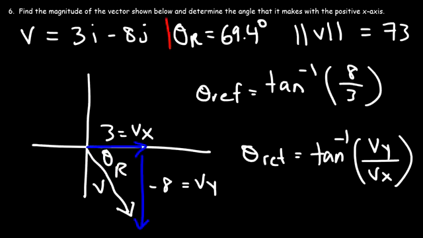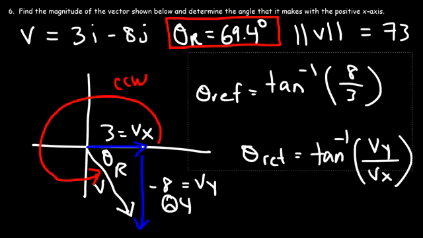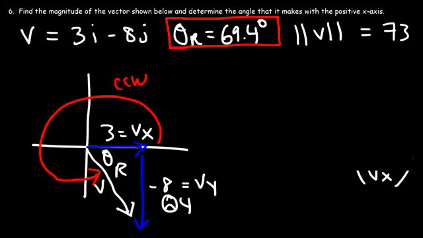Now sometimes your teacher simply wants this angle between the vector and the x-axis, and that would be the answer. However, if you want the angle measured from the x-axis but in a counterclockwise direction as opposed to a clockwise direction, we need to do some extra work here. But all we need to do if the angle is in quadrant 4 is subtract it from 360.